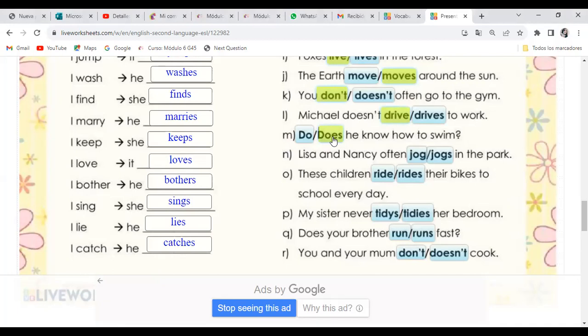Ok. Now, Lisa and Nancy often jog or often jogs in the park. Aquí estamos hablando de dos personas, vean, de Lisa y de Nancy. So if we're talking about two people, we can replace with the pronoun they. Lisa and Nancy can be replaced by they. They often, what do you think?